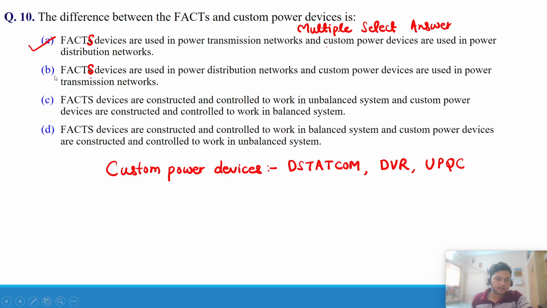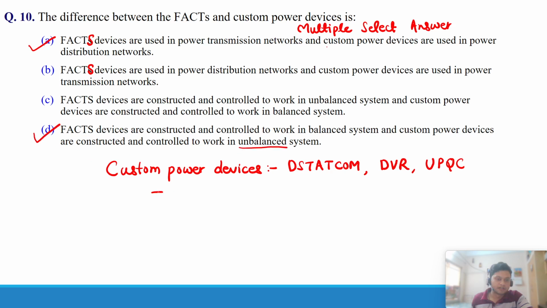So option A is correct. And similarly, since our transmission system is a balanced system, the FACTS devices are constructed and controlled to work in a balanced system. On the other hand, custom power devices are constructed and controlled to work in an unbalanced system, since distribution systems are generally unbalanced.